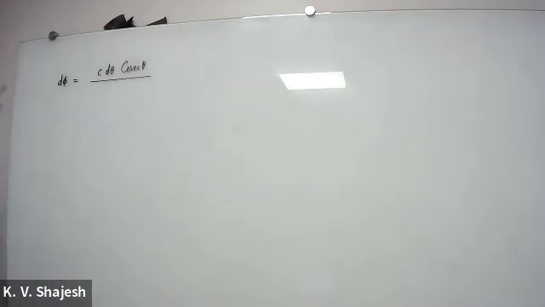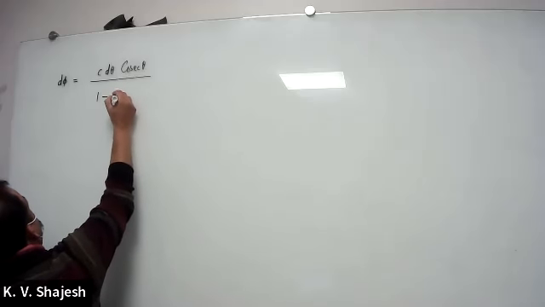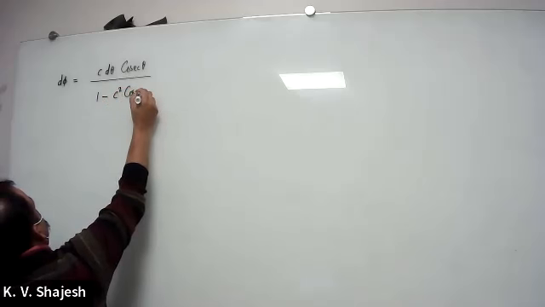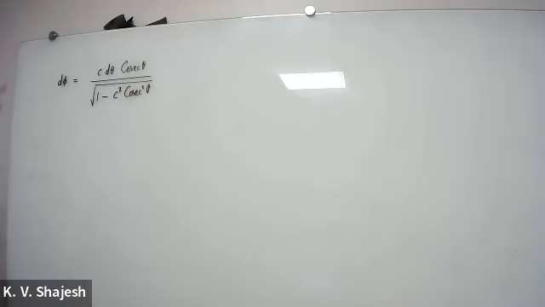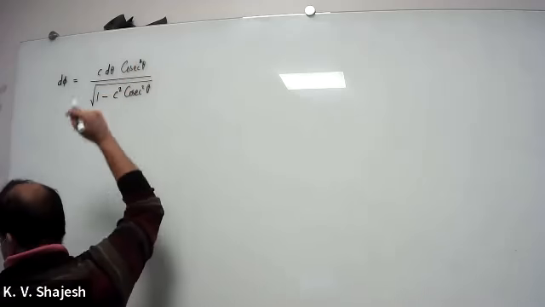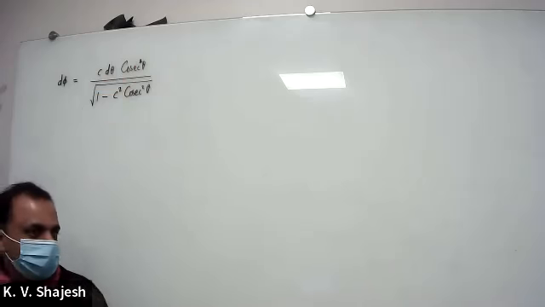That's the way I'm going at this point, but that might be shorter. So this is 1 minus c square cosecant square, because I pulled out one more sine there.